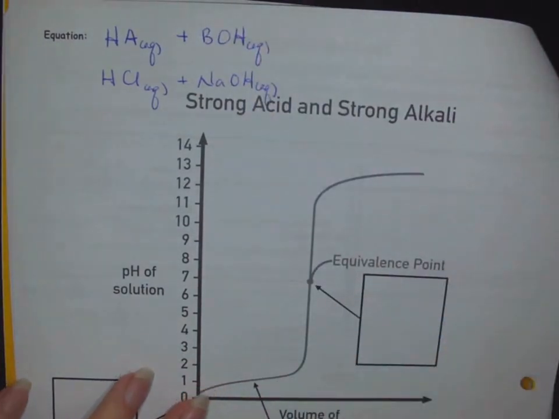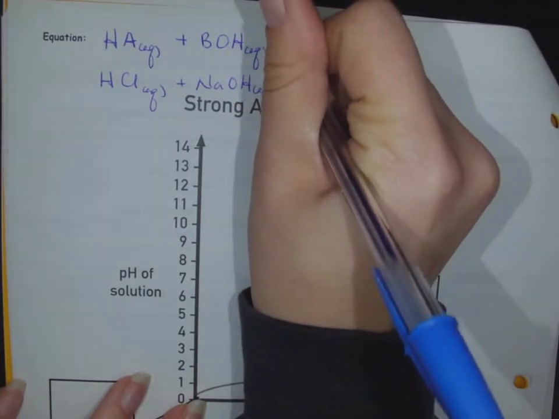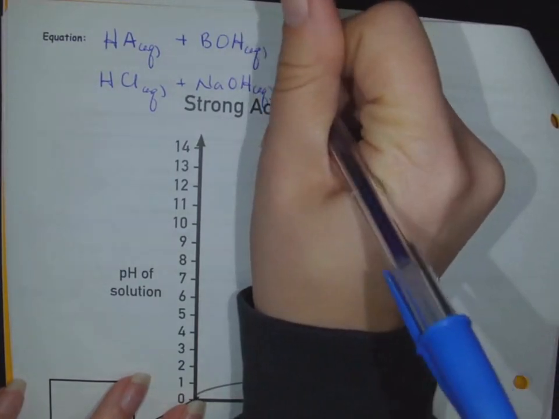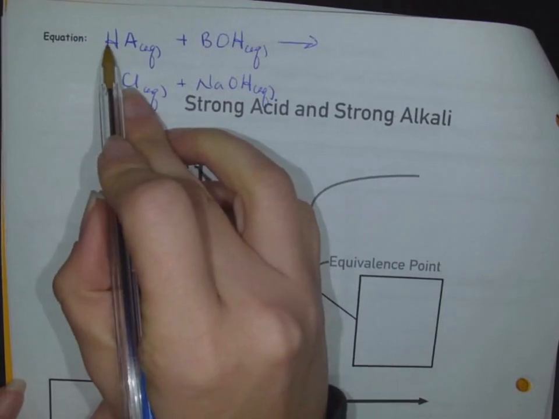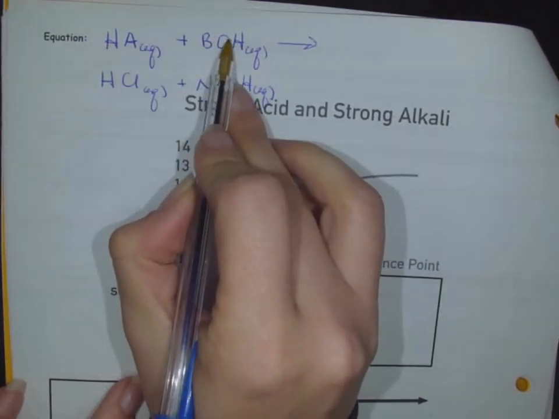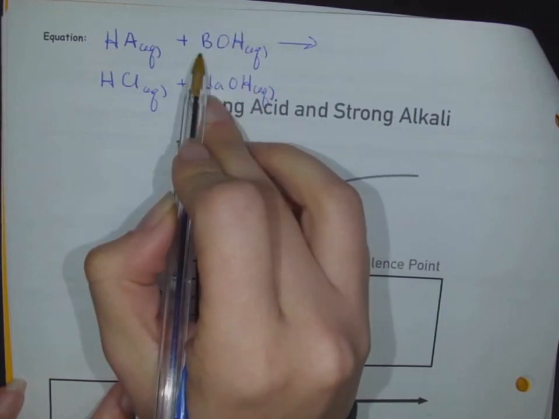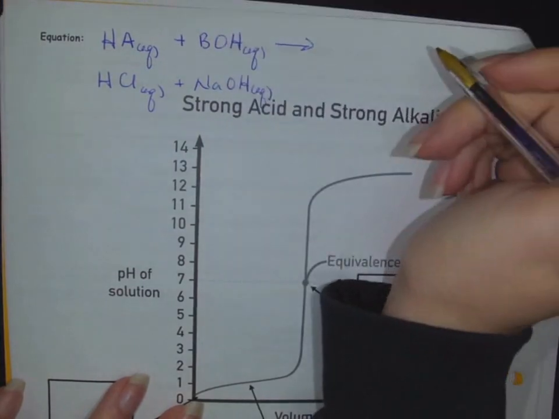Okay. And now this is going to break apart. Sorry, these are going to react. And the H plus is going to break apart from the A minus, and the OH minus is going to break apart from this B plus here.